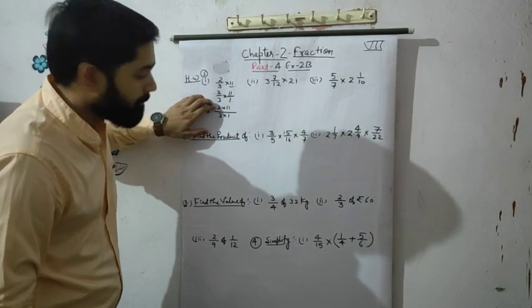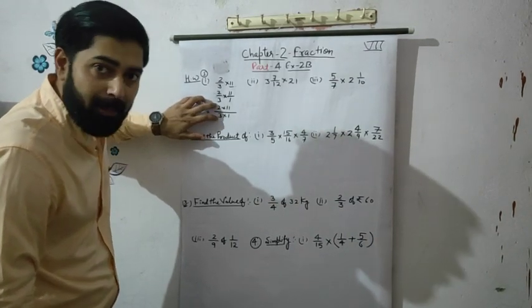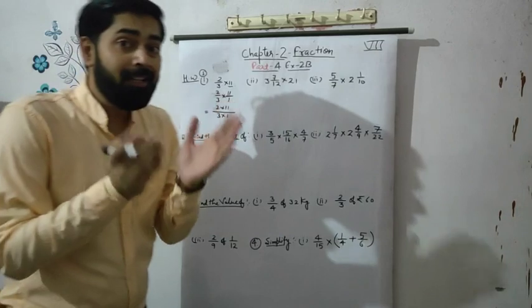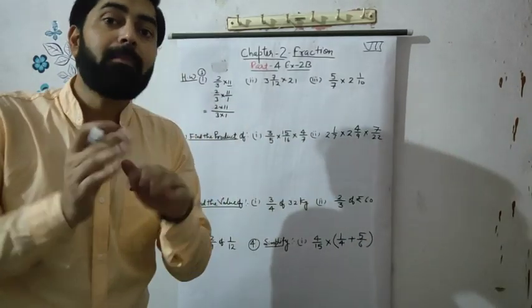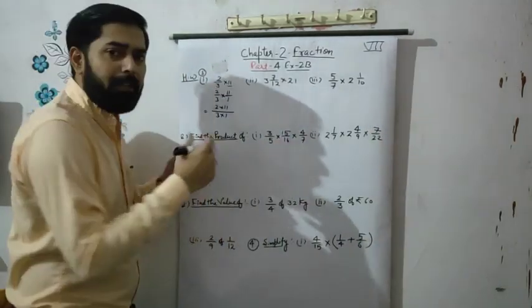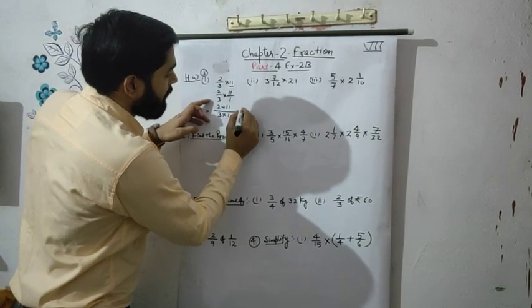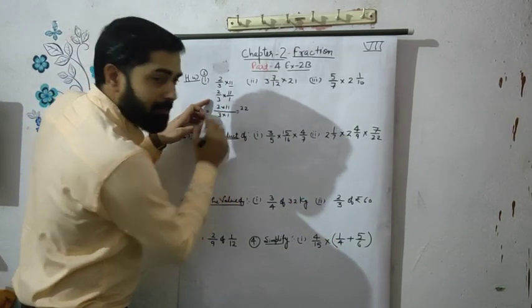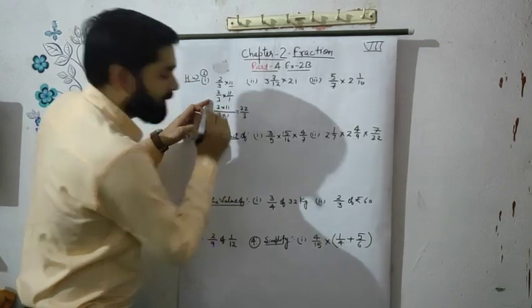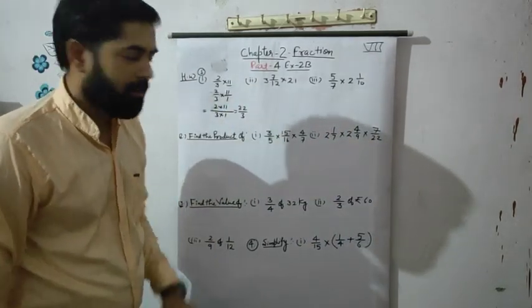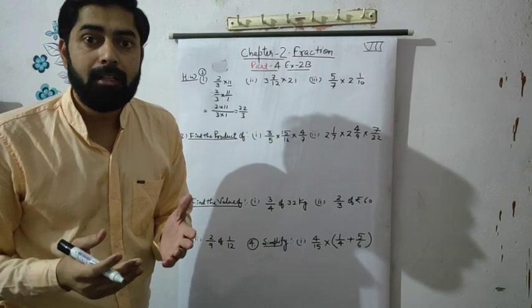Look at the numerator and denominator. Observe these numbers. Here is no number divisible by any same number, so simply we can multiply these numbers. 2 multiplied by 11 is 22, and 3 multiplied by 1 is 3. Look at this fraction. Which type of fraction is it, students? Good.